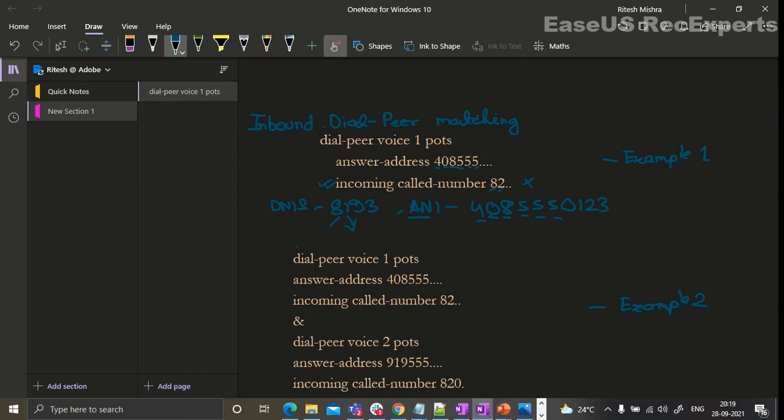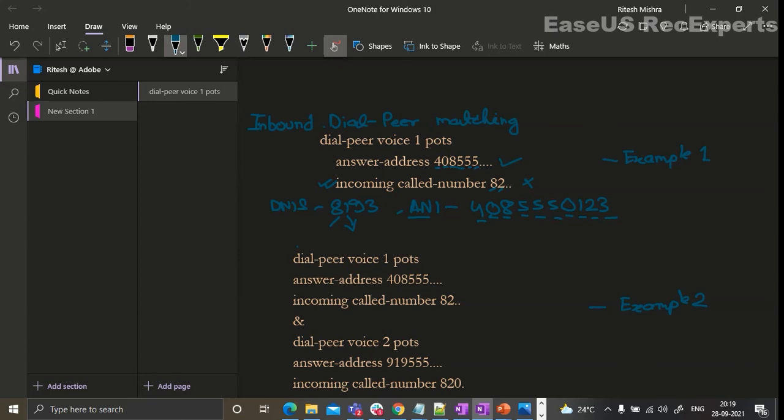As I informed you a while ago, a single dot represents 0 to 9. So the first dot matches with 0, the second dot matches with 1, then 2, and then 3. Then this dial pair will be selected as an incoming dial pair, but it will be based on the answer address command, not the incoming called number command.